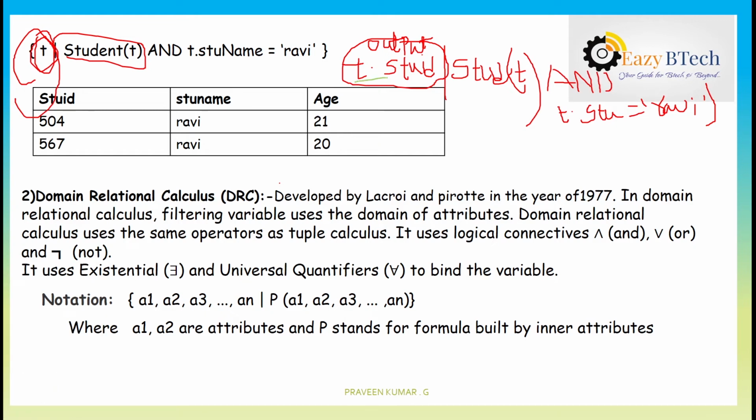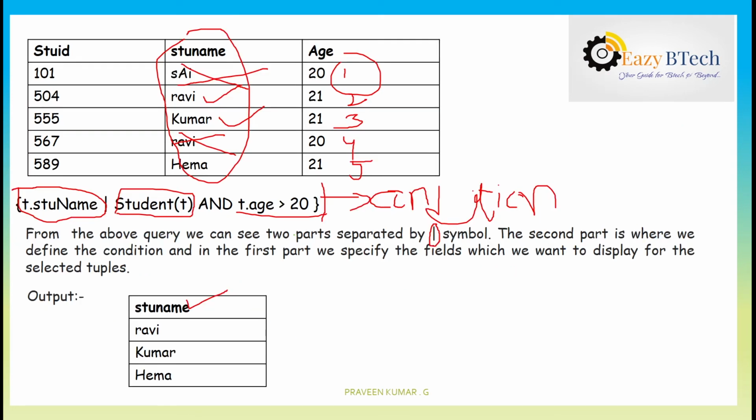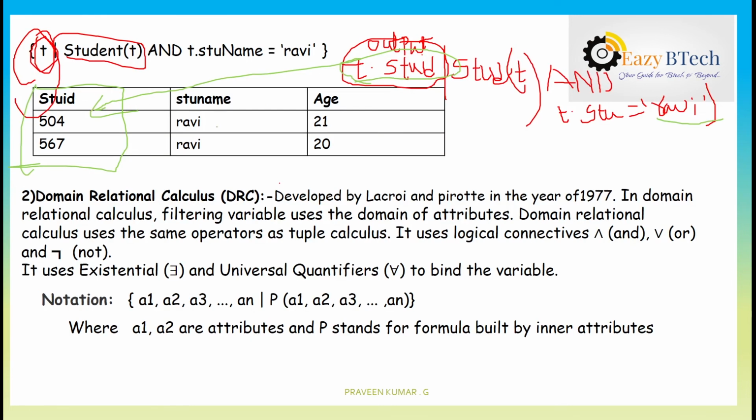We get output only for this particular query, the student ID, with the condition student name equal Ravi. This is about the tuple relational calculus. In the tuple relational calculus, we work with the rows and get the values.